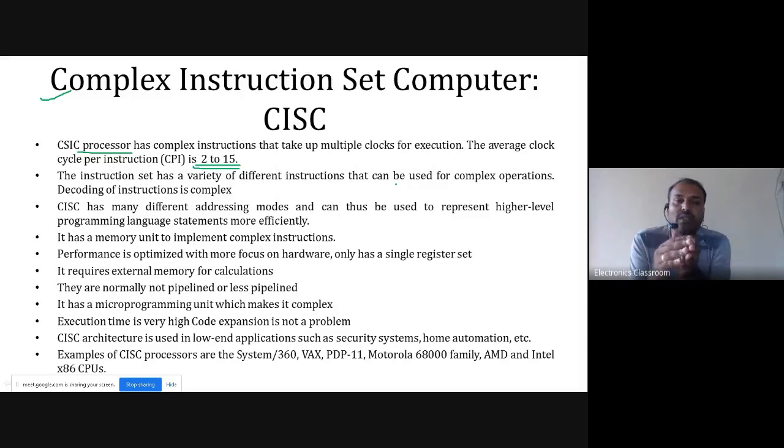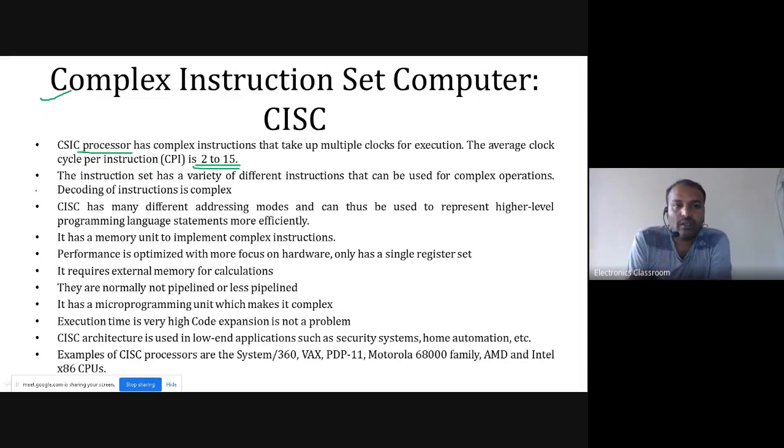The instruction which takes multiple clock cycles is nothing but a complex type of instruction. For example, we can have an NOP instruction, as well as a DJNZ type of instruction. NOP will take one instruction cycle, while DJNZ will take 3 or 4 instruction cycles.